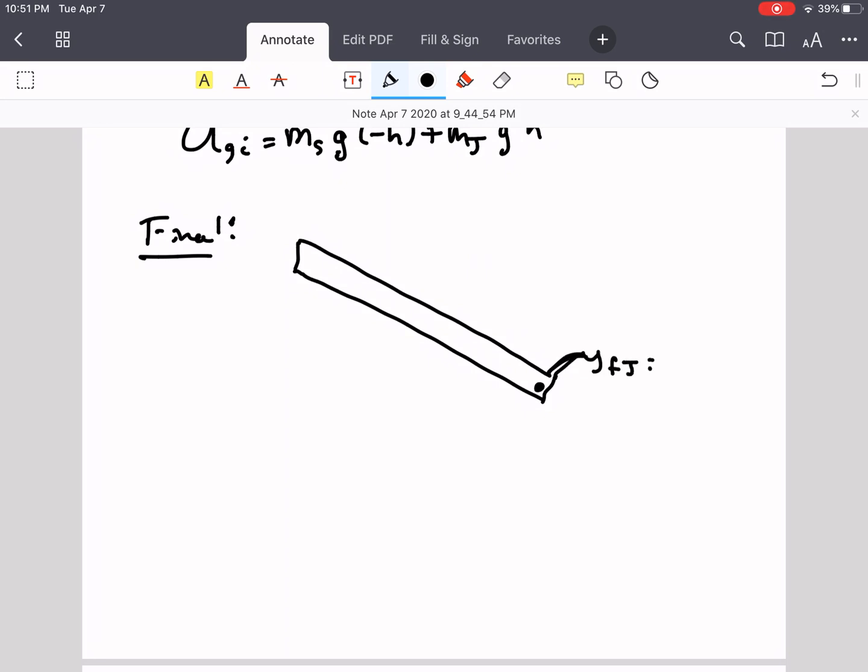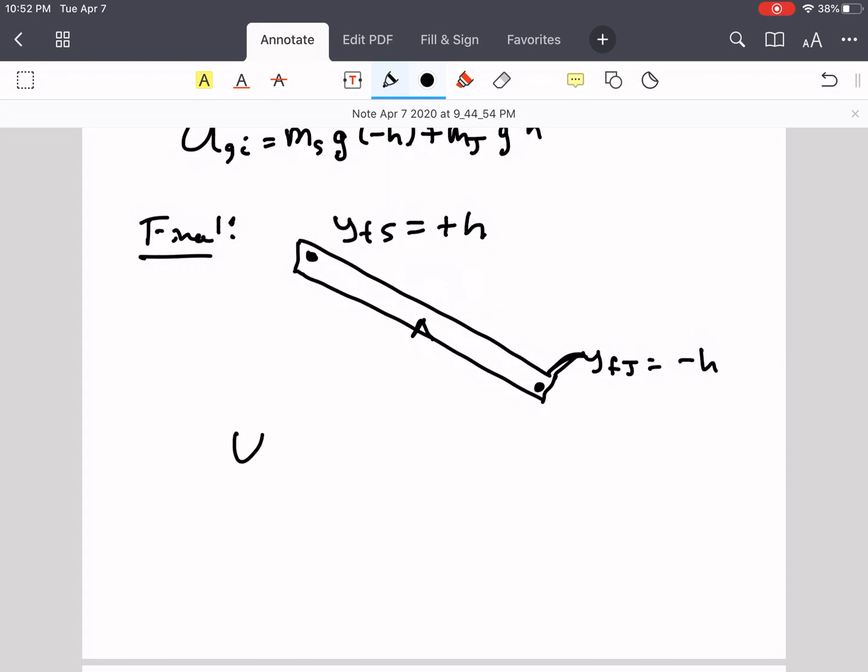Y final of Juan is negative h. Y final of the student is positive h. And we don't know their velocities offhand, but we're going to solve for them. So the pivot stays put at y equals 0. That's why we don't have to worry about gravity on the lever. Notice if the pivot wasn't at the center of mass of the lever, then we would have to worry about the gravitational potential energy of the lever itself. Alrighty.